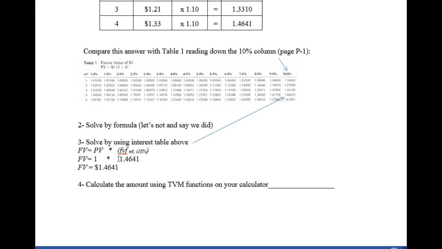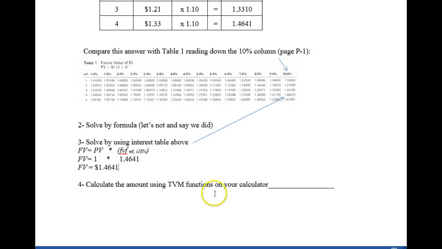So go to Table 1, find the interest factor for n equals 4, read across till you hit 10%, it's 1.4644, and the $1 times 1.4644 equals $1.46.